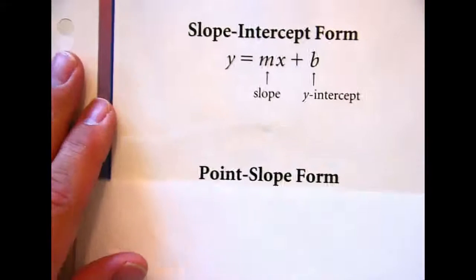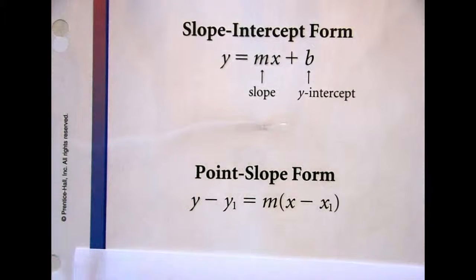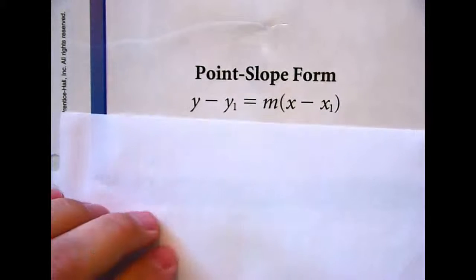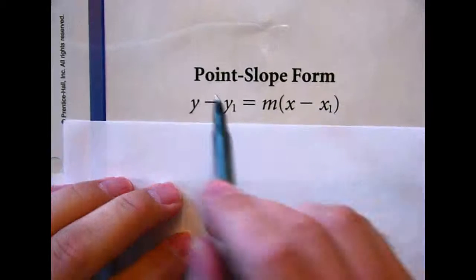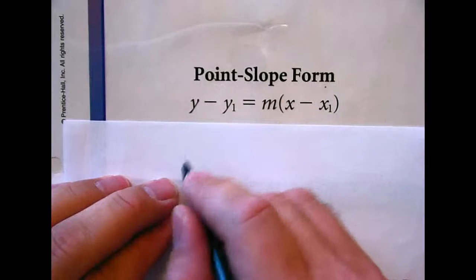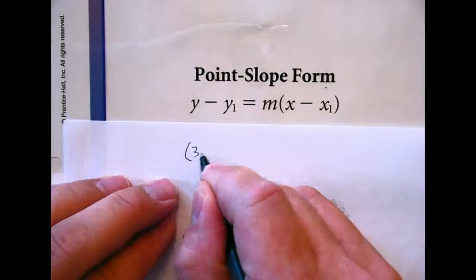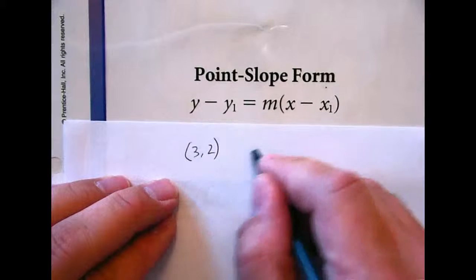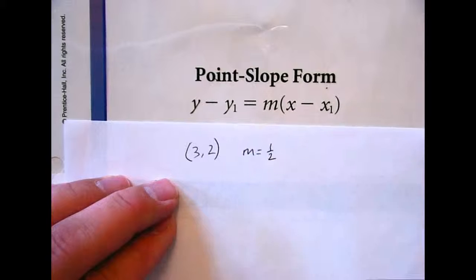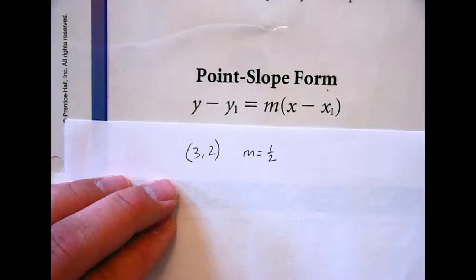You have that. There's one other form we use, point-slope form. Point-slope form is helpful to write an equation given a point and the slope, hence point-slope form. If you were given the coordinate 3, 2, and the slope m equals 1/2, then you could easily write an equation and put it in standard form using point-slope form.